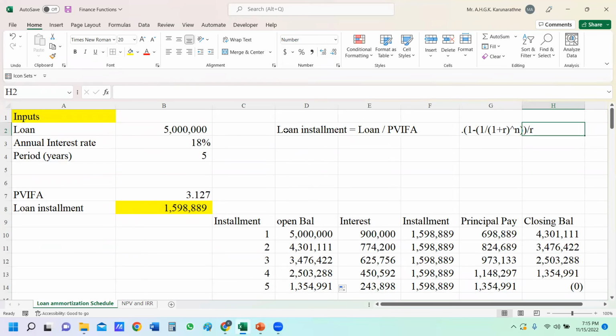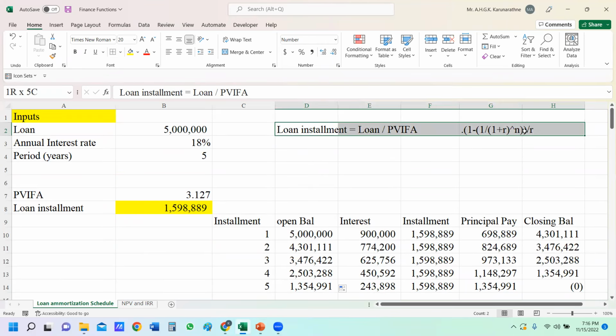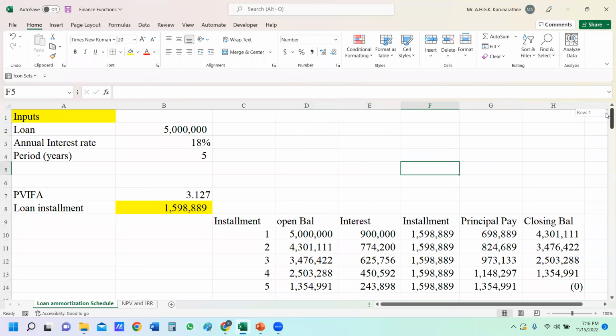We will now see how to prepare this loan amortization schedule using Excel inbuilt formulas. If you are going to tackle this kind of scenario without using Excel inbuilt formulas, you have to use some lengthy calculation like the present value interest factor annuity.